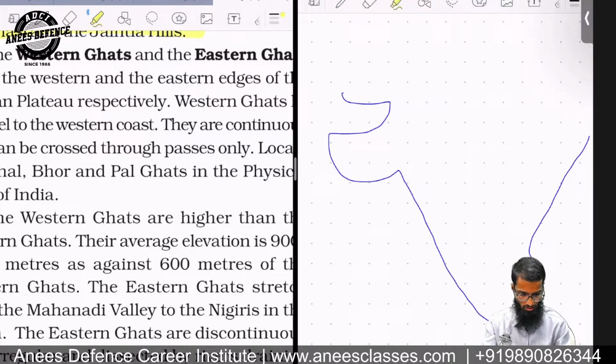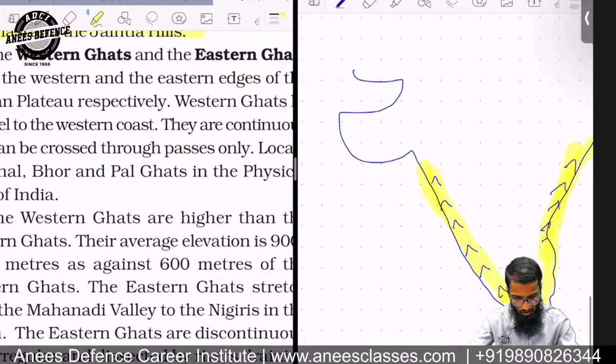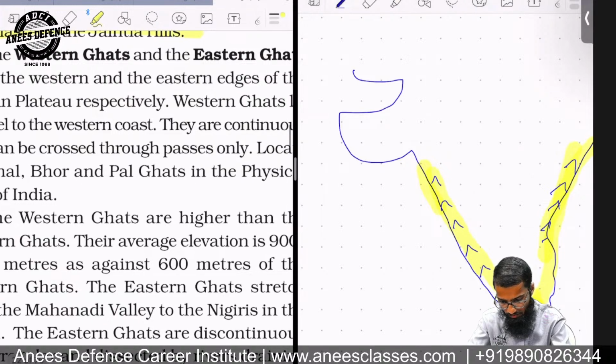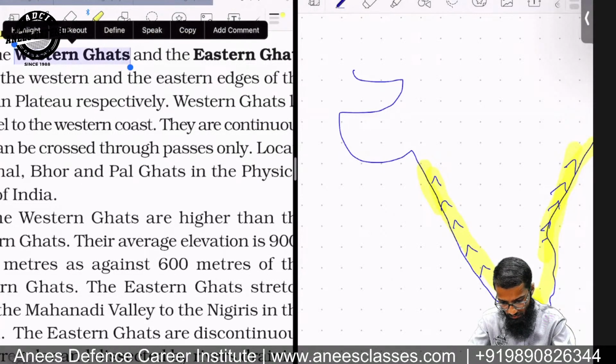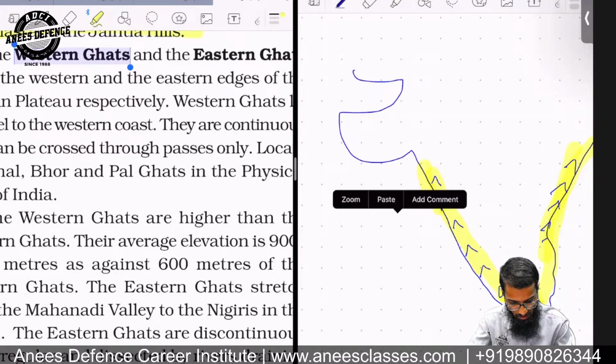So these are actually the Western Ghats, and these are the Eastern Ghats. They also meet here. So this is how it will look. These are the Western Ghats. I'll paste it here.